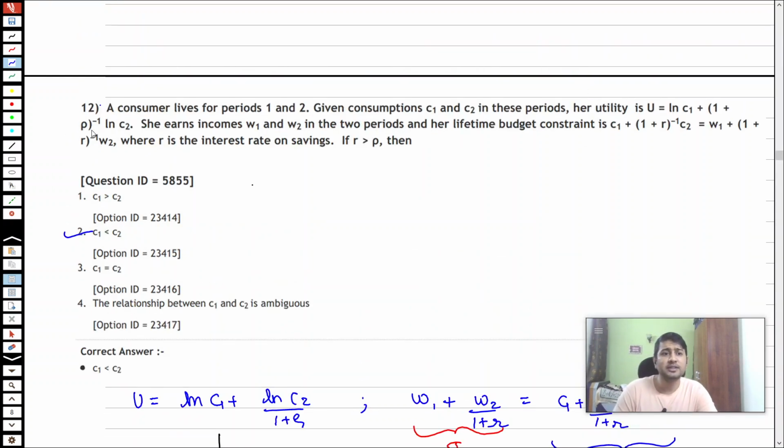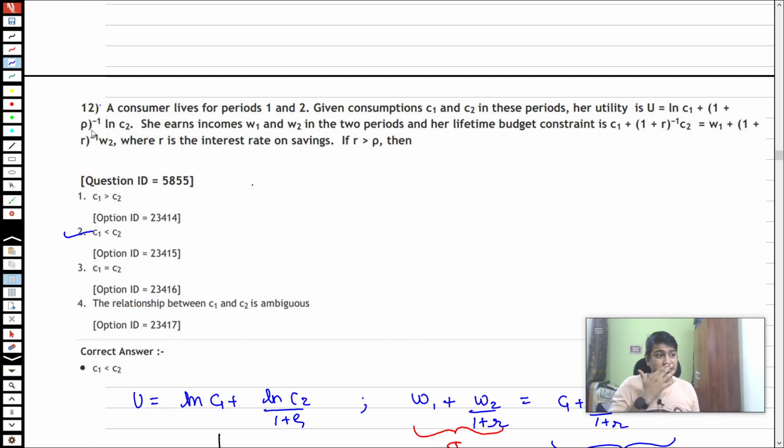And the intuitive reason for this is that the rate of interest is higher than the discount factor rho. So rho you can think of as the discount factor, and R you can think of as the interest rate. So the interest rate is higher than the discount factor, so you want to consume more in the second period. Alright, but that's only true for this particular form of utility function.